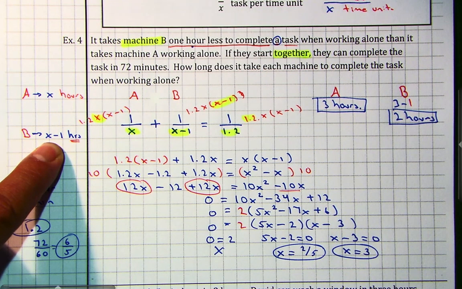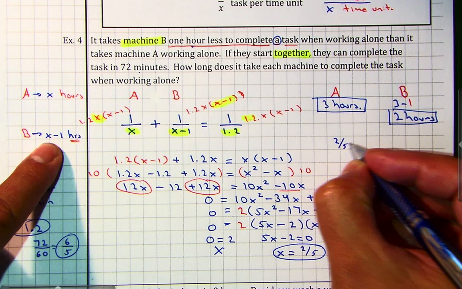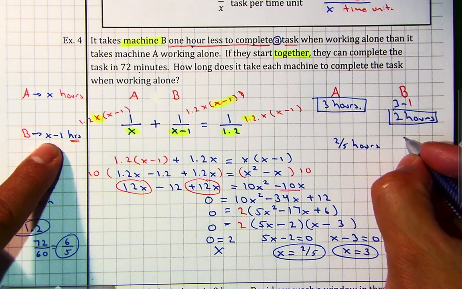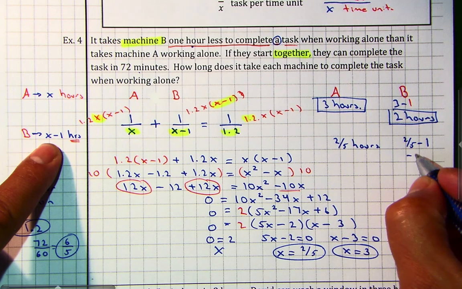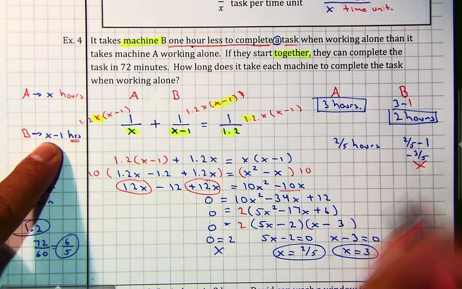Now let's try 2/5. This will be 2 over 5 hours. And what's 2 over 5 minus 1? That'll be negative 3/5. So we cannot work negative, so therefore that is not correct.